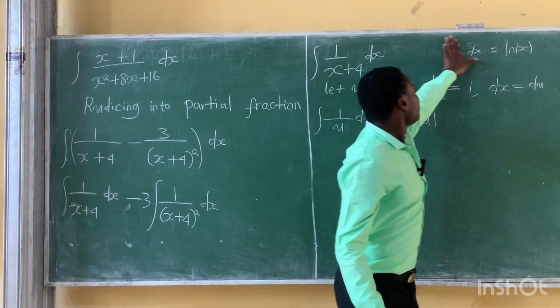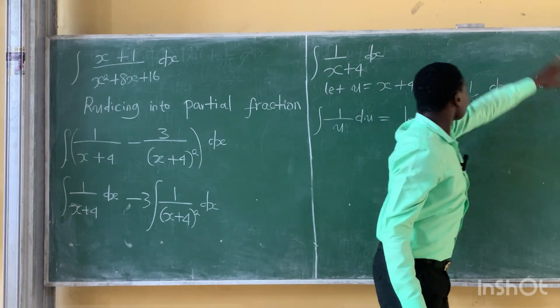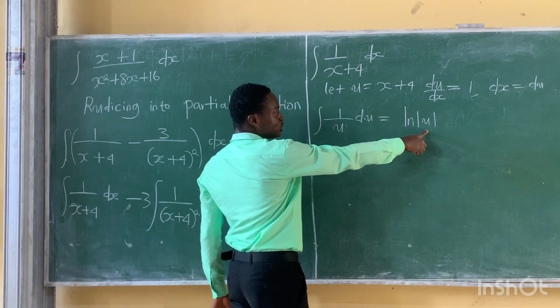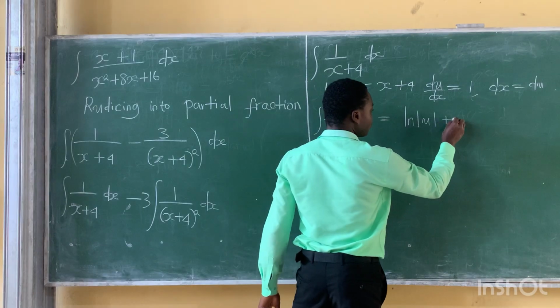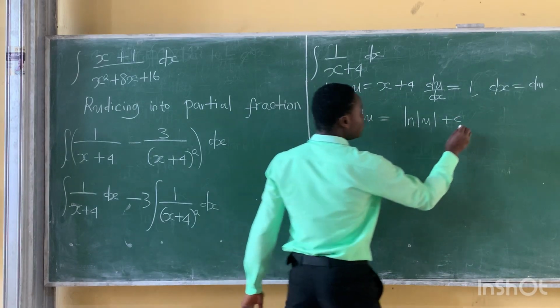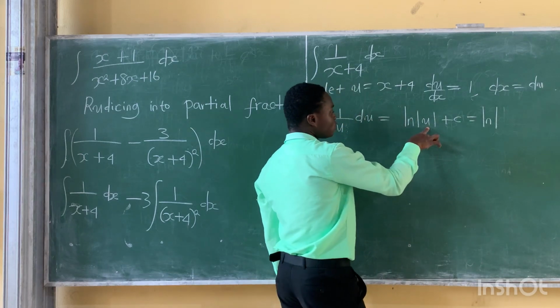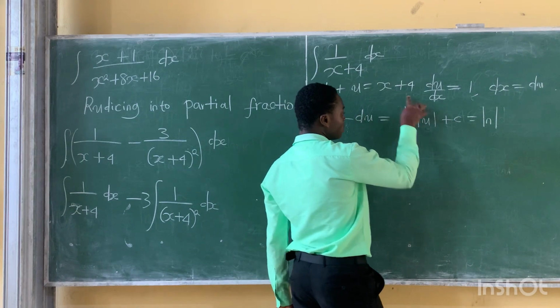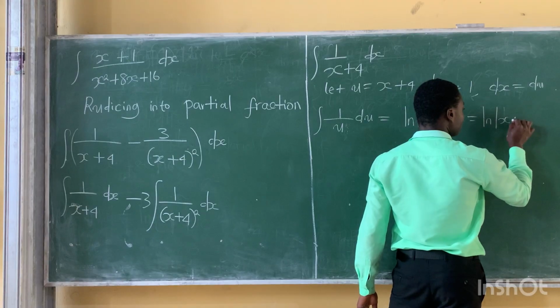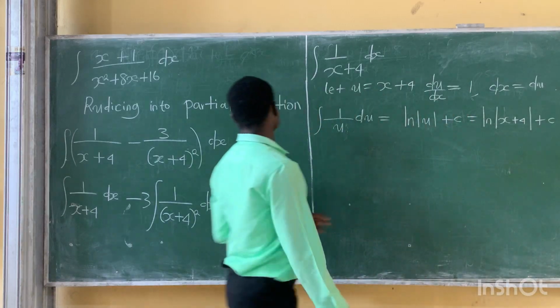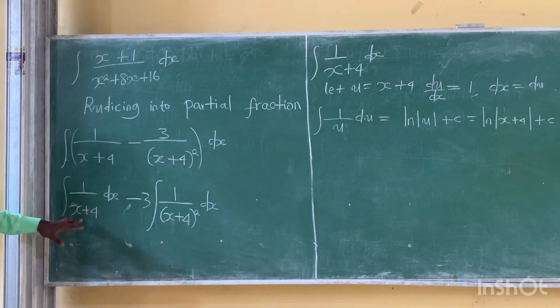So that is just the idea. So the integral of 1 over u with respect to u is the natural log of u, plus c, our constant. We need to substitute the value of u back, and u is x plus 4. So we have ln of x plus 4, plus our constant c. So we are done for this part.